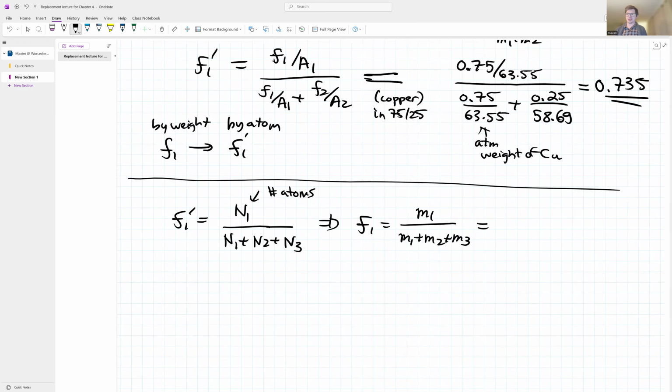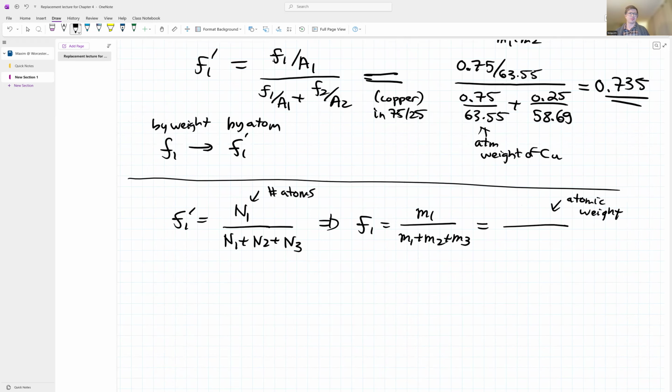But you can use the atomic weight to convert between masses and numbers. So these are the atomic weights. Sorry, not divide, but you take the number and multiply by the atomic weight.